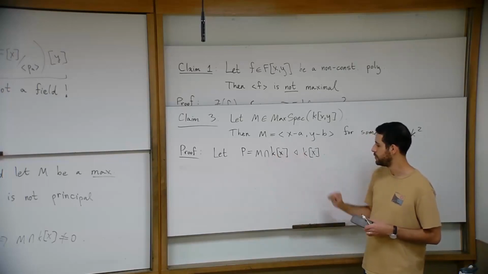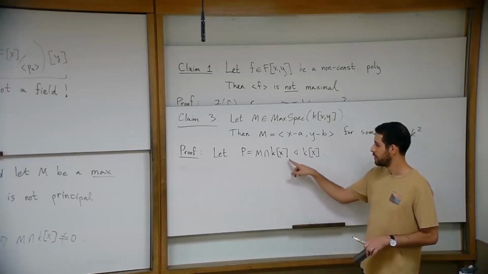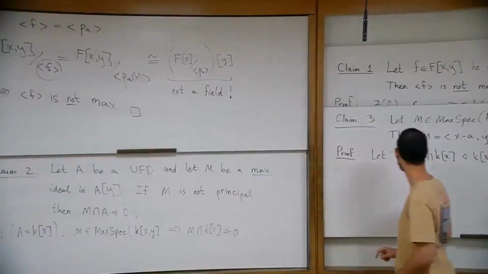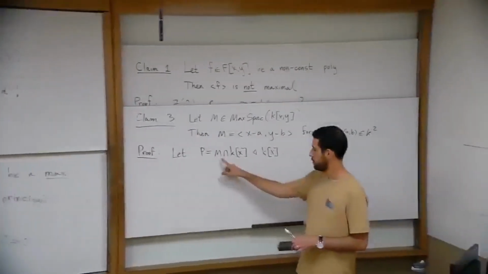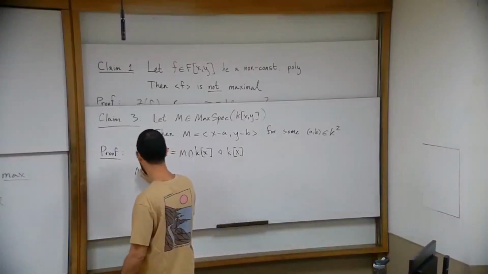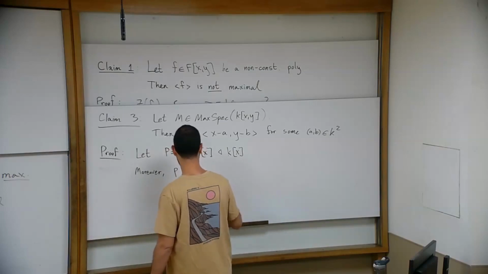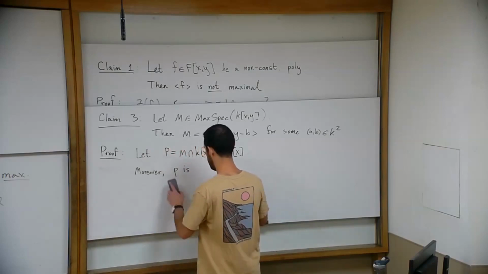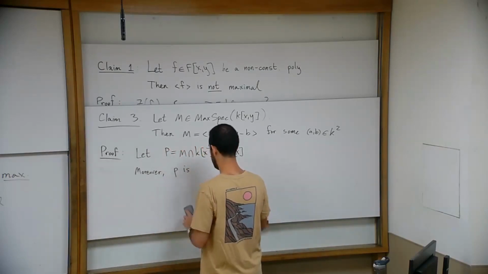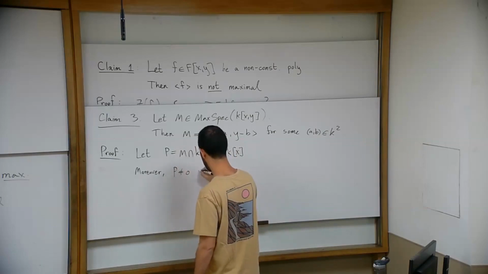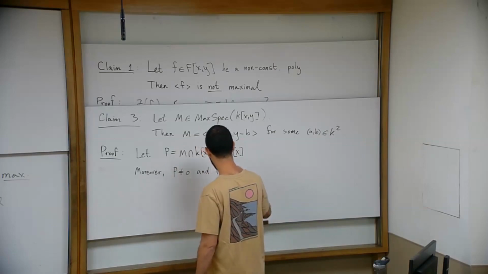So I will leave it to check. We also know that it is non-zero by the corollary. And we also know, moreover, that P is non-zero and is prime.